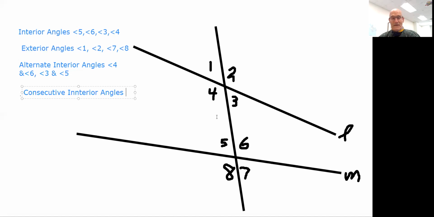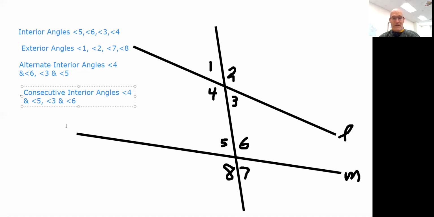Some books will call these same side interior angles. So we'd have angle 4 and angle 5 would be one pair of consecutive interior angles, and then angle 3 and angle 6 would be another pair of same side interior angles.